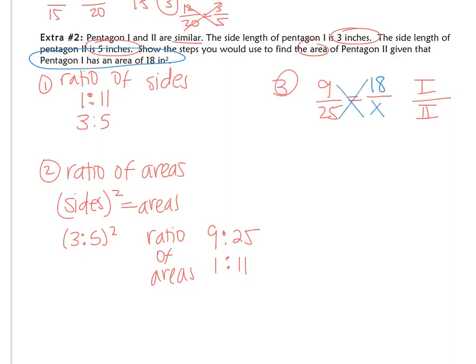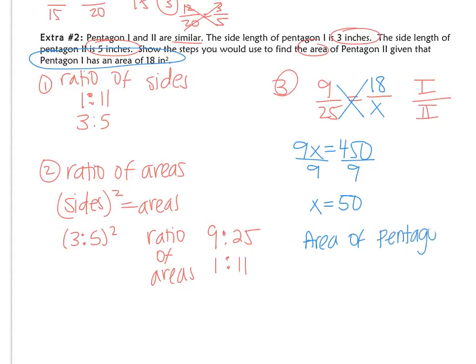So at this point, you're going to do cross products and solve for x. 9 times x is 9x. 18 times 25 is 450. If I divide both sides by 9, I get x to be 50. So this means that the area of pentagon 2 is 50 inches squared. Again, inches squared because it's area.